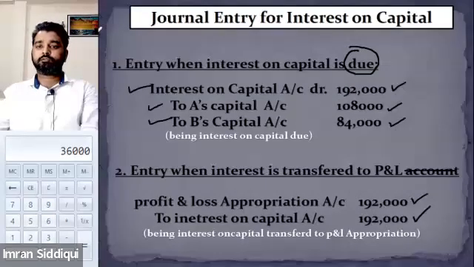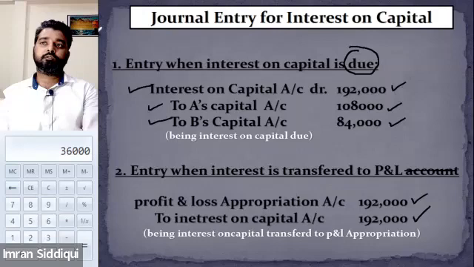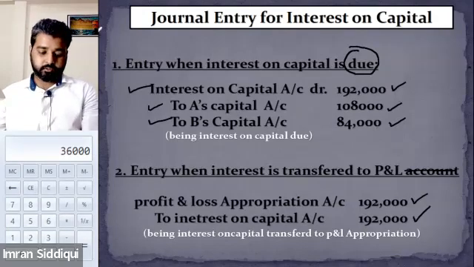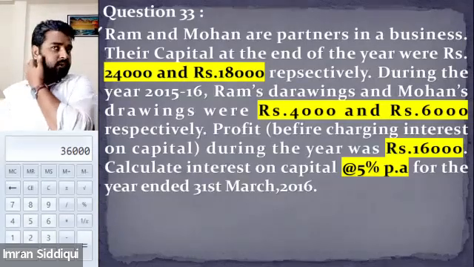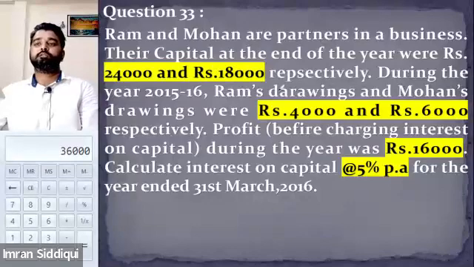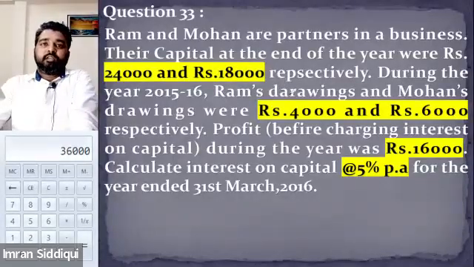So let's start with a new question. This is the next question, question 33. Let's read this question once. It says that Ram and Mohan are partners in a business.